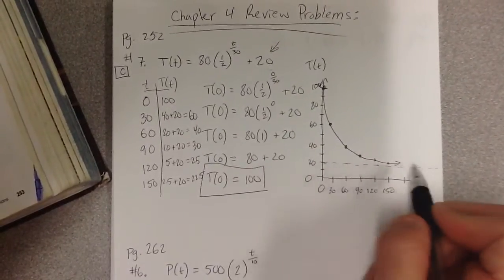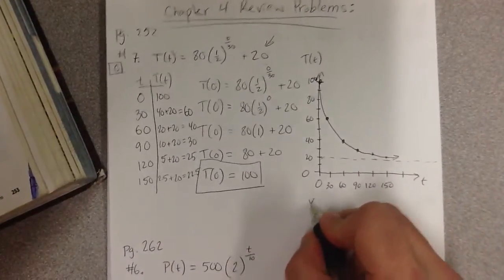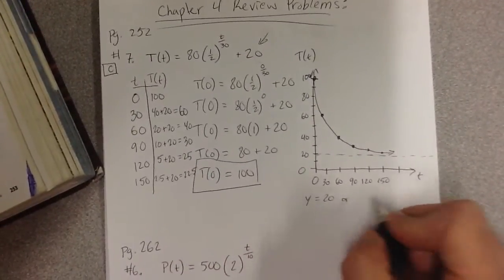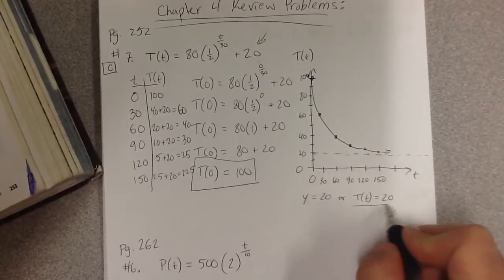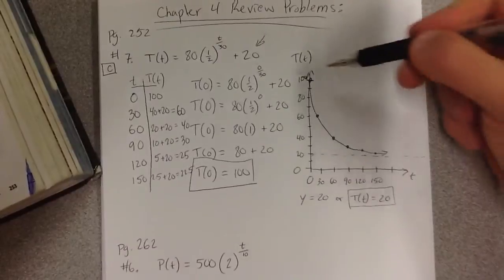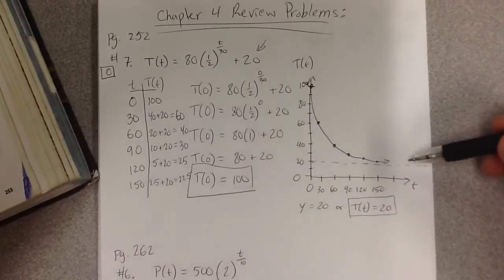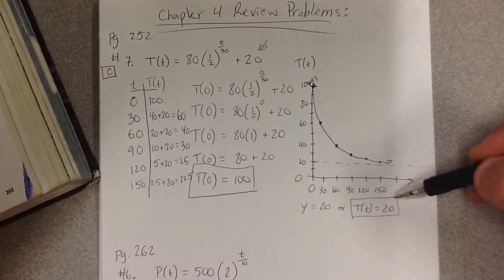See, the equation of the horizontal asymptote here is y equals 20, or sorry, temperature is equal to 20. And what does that mean in regards to the problem? The cup of hot liquid is going to get closer and closer to room temperature, which is 20.